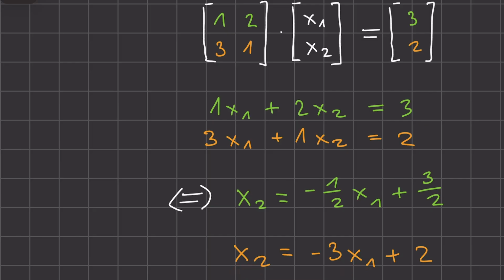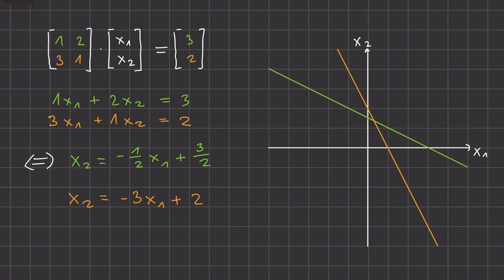And we see now that these just represent lines. So we have a y-intercept here, and then our gradient, so by how much our line goes up for every step it goes to the right. I have sketched these lines into this graph, the green line representing the first equation and the orange line representing the second equation.